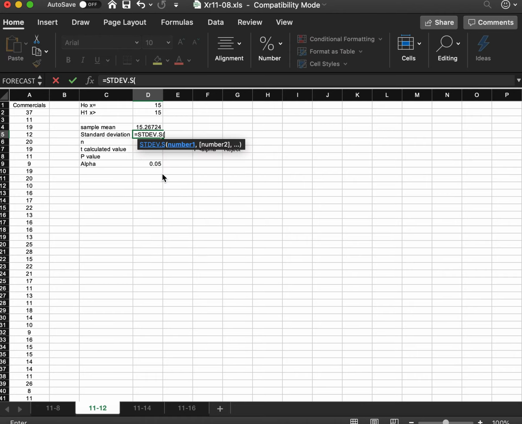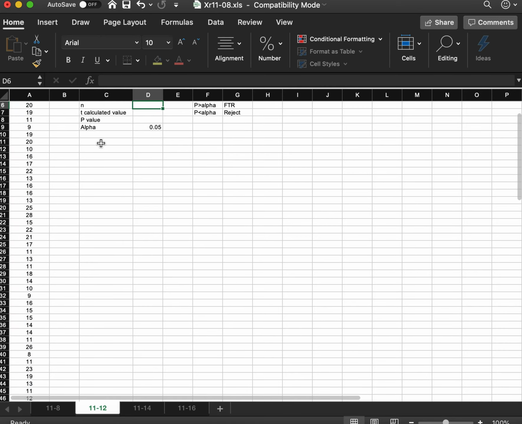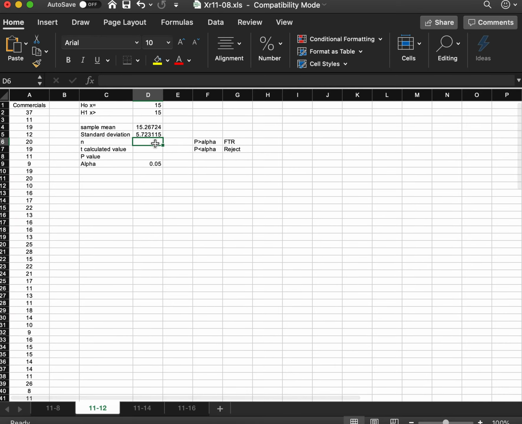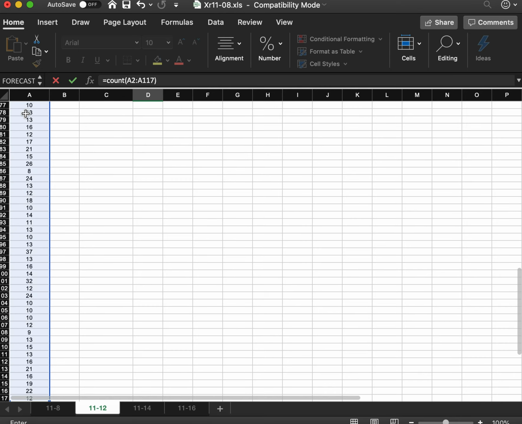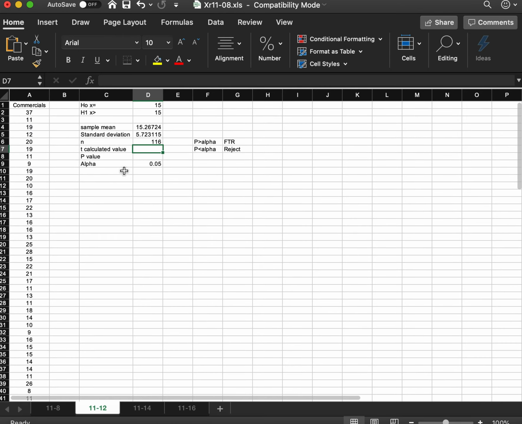Next is standard deviation. And then next is going to be your n. So you can use your count command. You should get 116. Again, your count, standard deviation, average, stuff you should know.